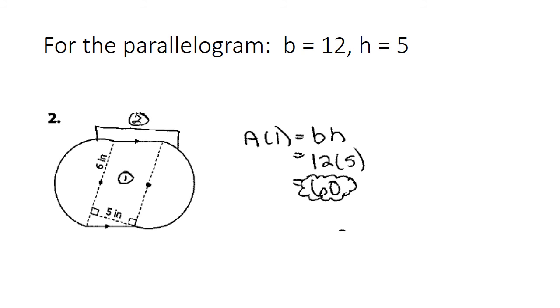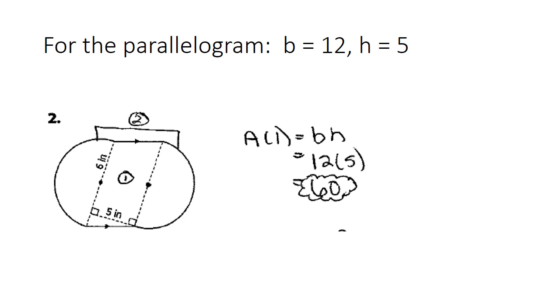So for the parallelogram, we need the base and the height for the formula. The base we would find by looking at that diameter for the circle. If one side or the radius is 6 inches, then to find the diameter we would double that.